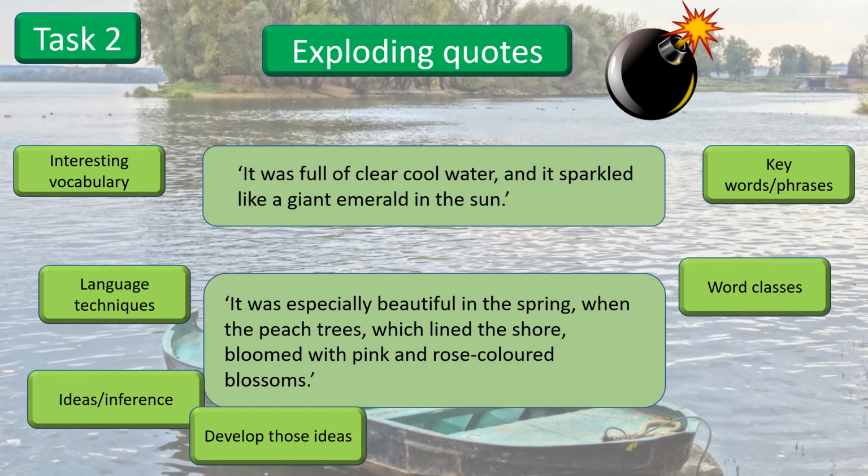Think about how you can use that word to link to different parts of the extract. So for example, the word emerald. We think of a precious stone, but you might be able to think of different things, and link it to the actual water and the lake.